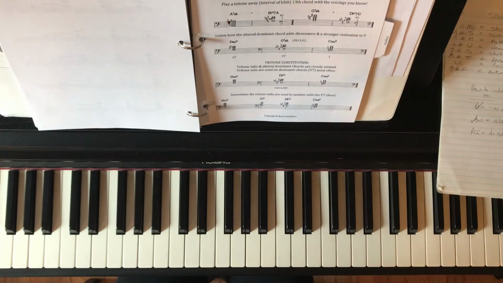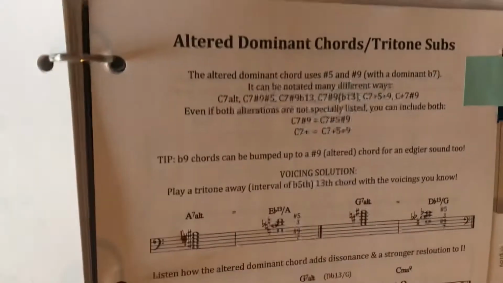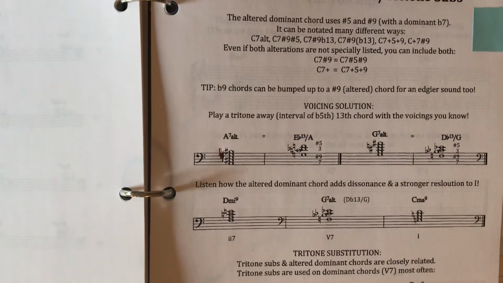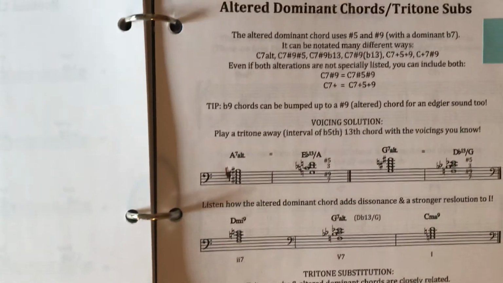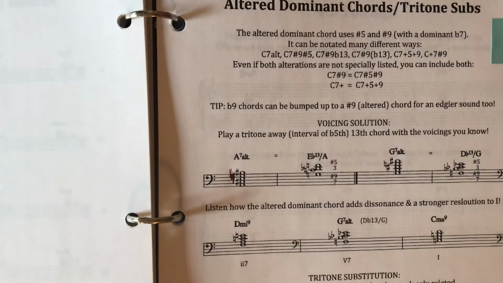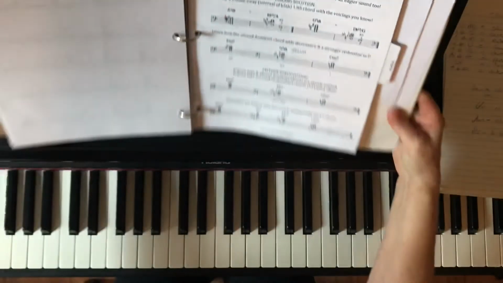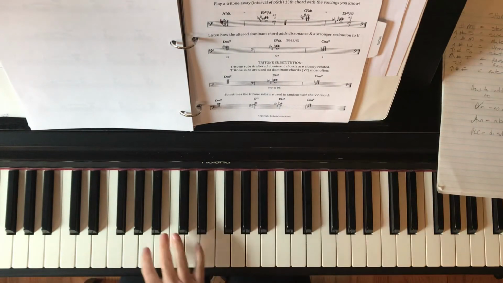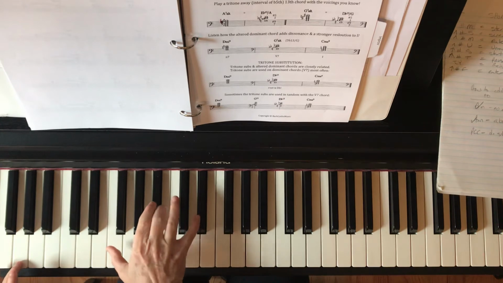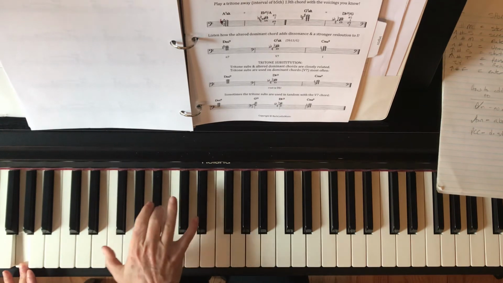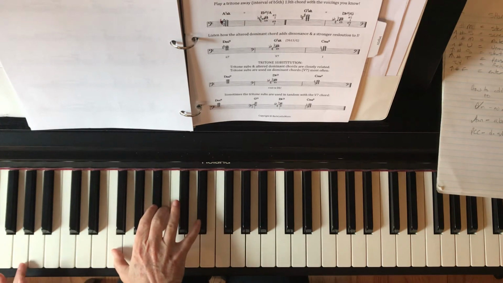Okay, so if I see a tritone, like here we see the second progression where it says D minor 9 to G7 altered, I'm just going to think D flat. This is why they're related to tritone substitution. Here's D minor 9. Here's D flat 13, but I'm putting a G in the bass.